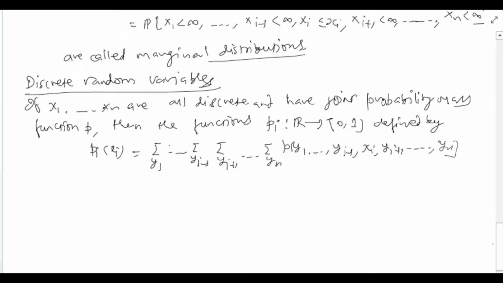These functions are called the marginal probability mass functions.